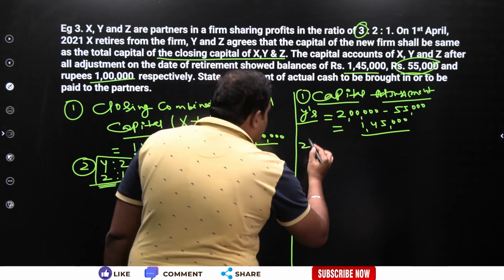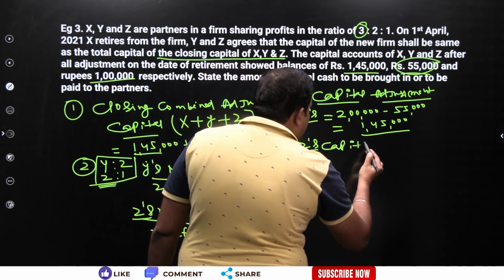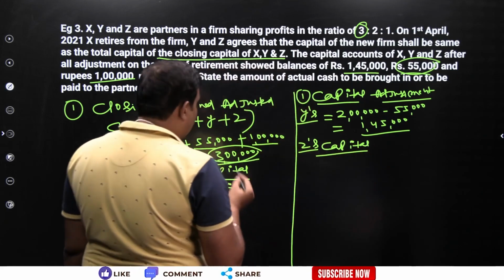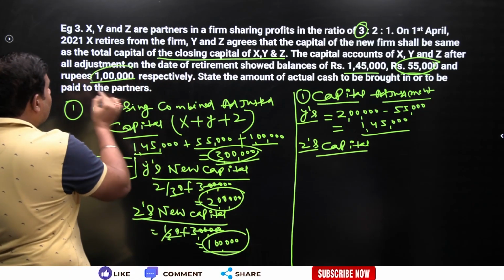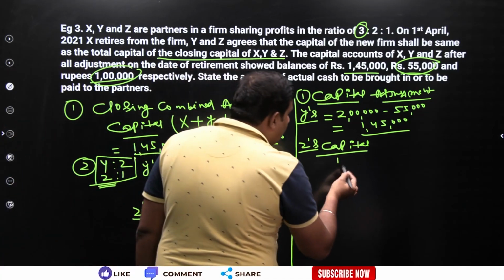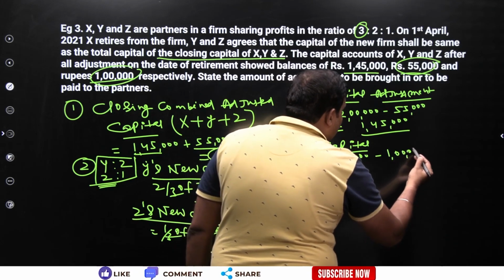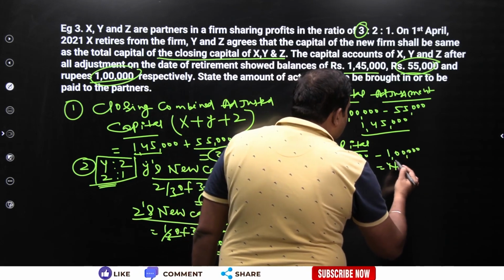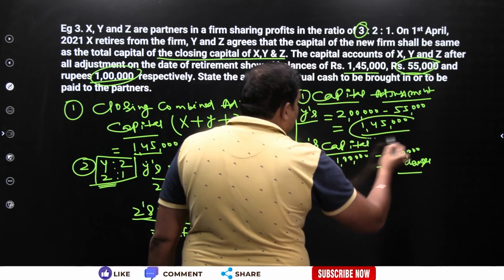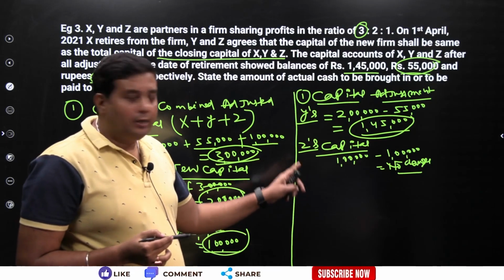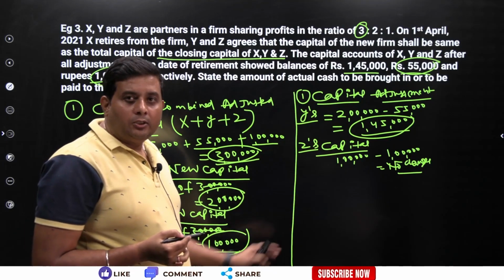Now if you look at Z's capital account, there is no change. Why? Because the requirement is 1 lakh and earlier also he had 1 lakh only. So there is no change. It is clearly stated that Y has to bring 1,45,000 additionally in order to adjust his capital.